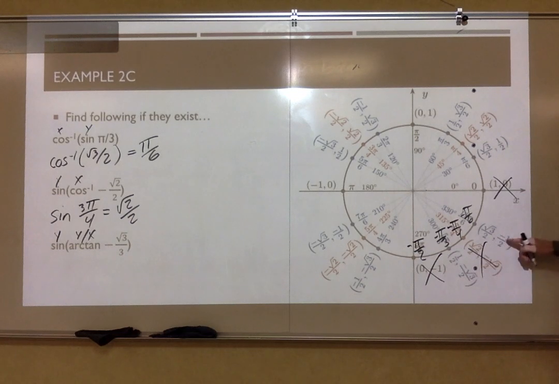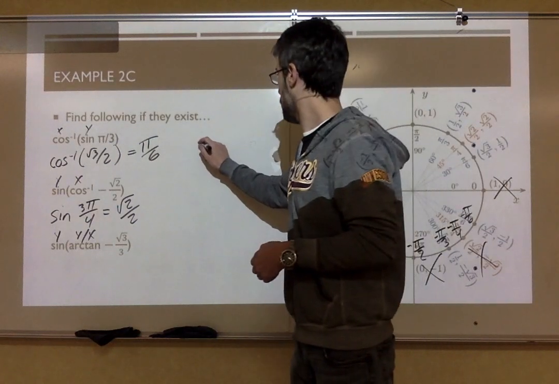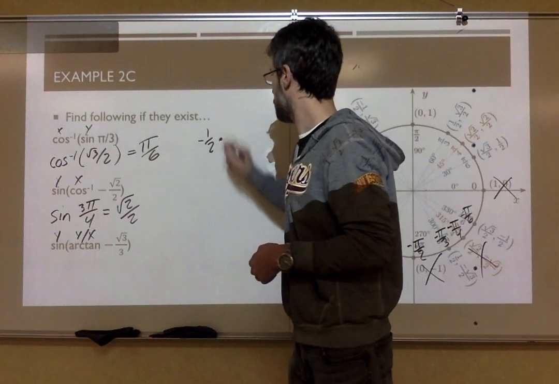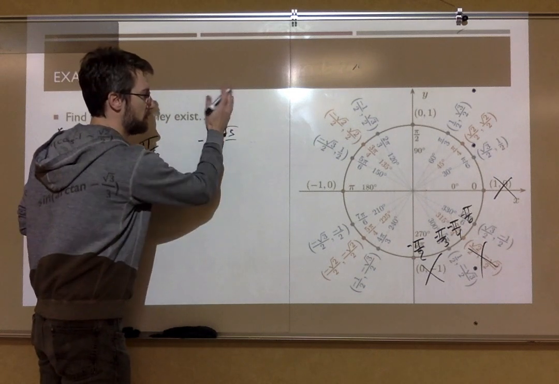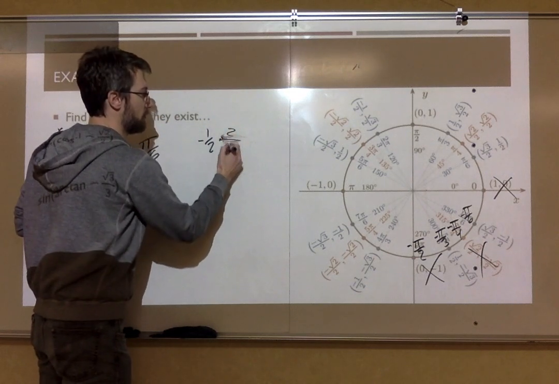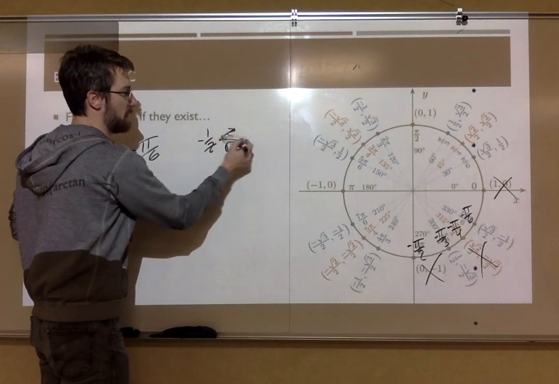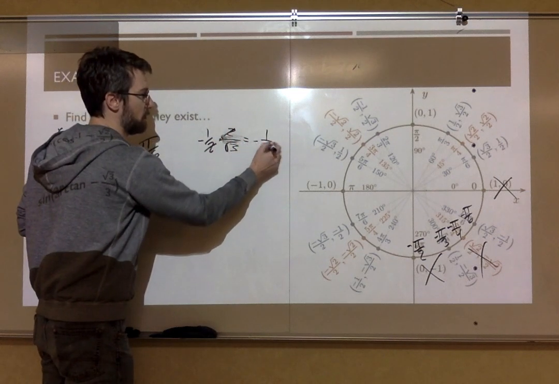Now, I'm going to take the shortcut. I know it's this one, so I'll test it out. But you might try this one and it doesn't work, and then you fall back to this one and try it, and it does work. So, negative 1/2, keep change flip with root 3 over 2, which would make it root 2 over root 3. The 2's cancel out. It's negative 1 over root 3.